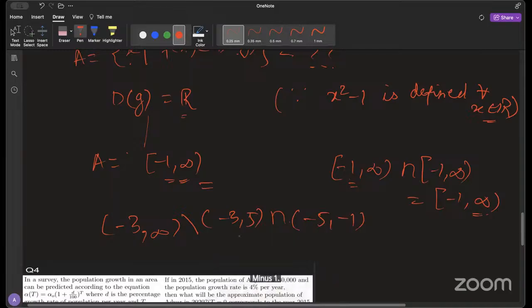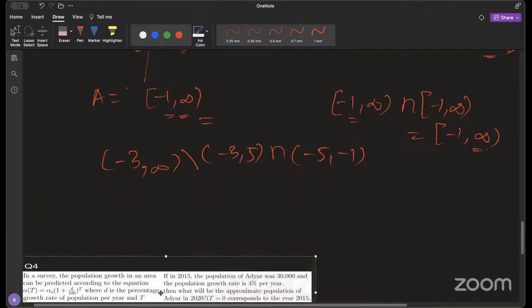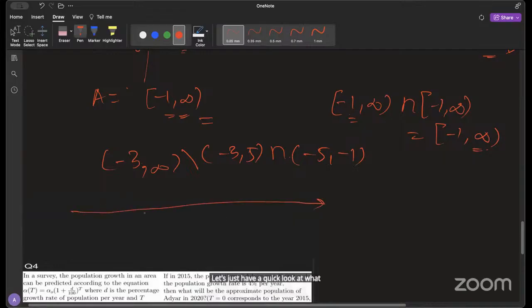This is it. Let's just have a quick look at what this turns out to be. This is the real line. Let this be 0, -3, 5, -1.